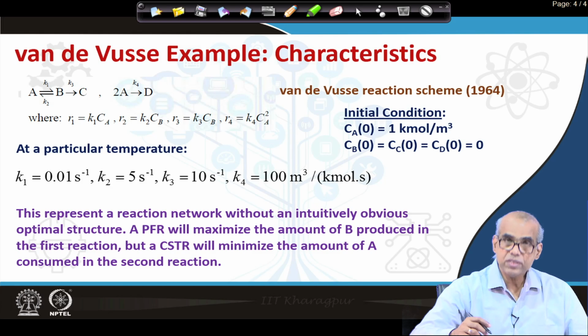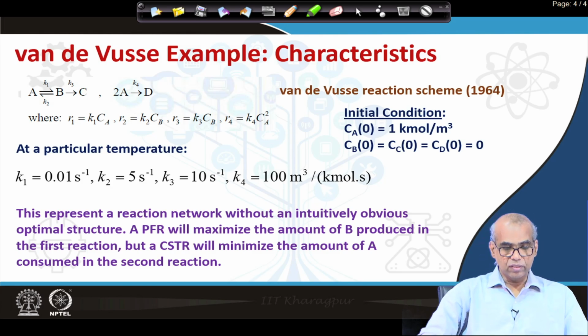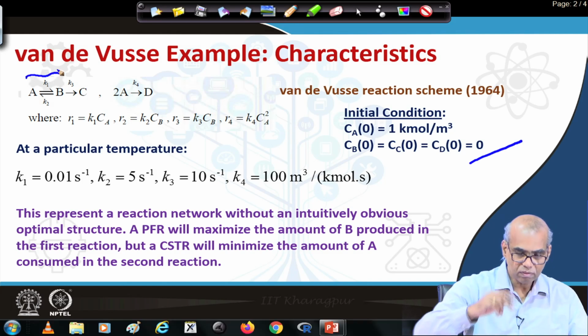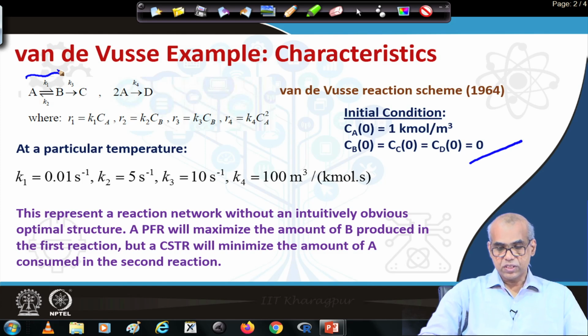Now, this is a well studied reaction mechanism, and this represents a reaction network for which it is not easily possible to find out what will be the optimal structure for this reaction, because a plug flow reactor will maximize the amount of B produced in the first reaction, whereas a CSTR will minimize the amount of A consumed in the second reaction.